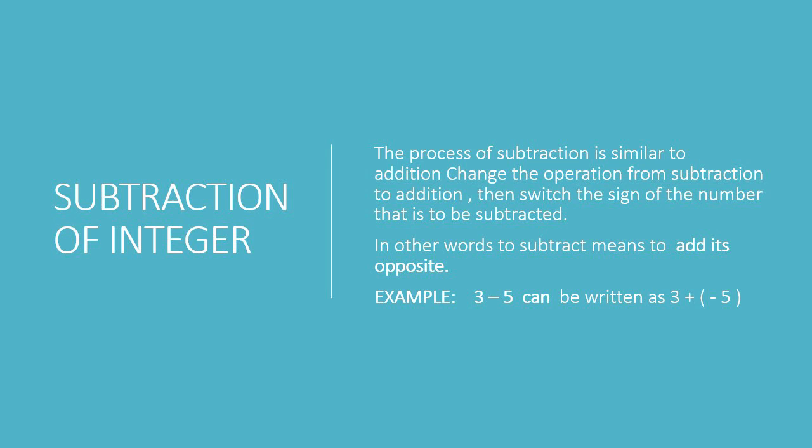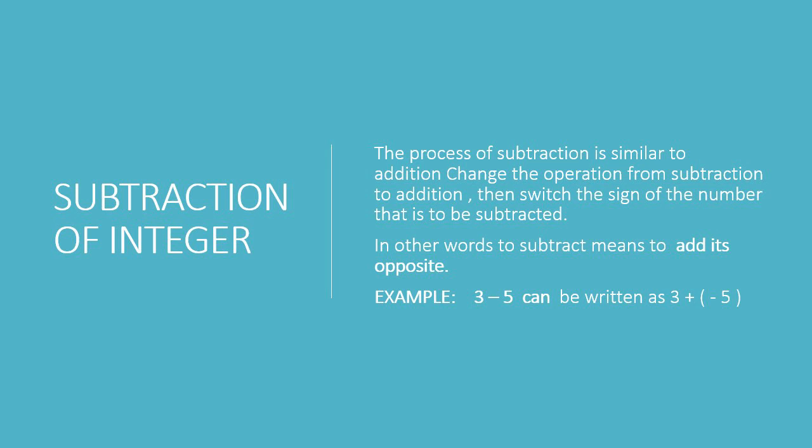The second step was to change the sign of the number that is to be subtracted. Here, the number to be subtracted is 5. It is plus 5, so its sign will be changed and it will become minus 5. So 3 minus 5 can be written as 3 plus minus 5.